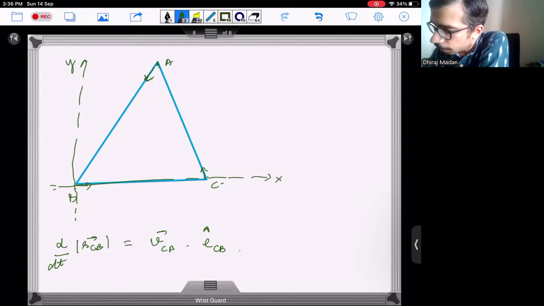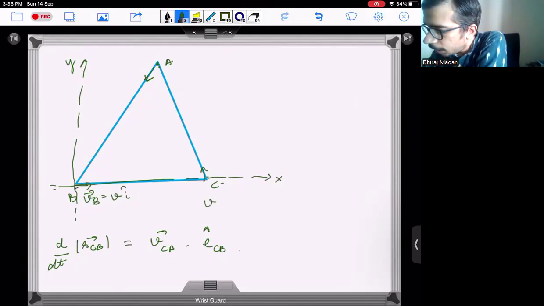So let's see this. Okay, so point B is moving towards C with velocity V. So here essentially the velocity of the point B is nothing but V times i cap. And the velocity of point C initially is going to have these two components. This makes an angle pi by 3 with the x-axis.